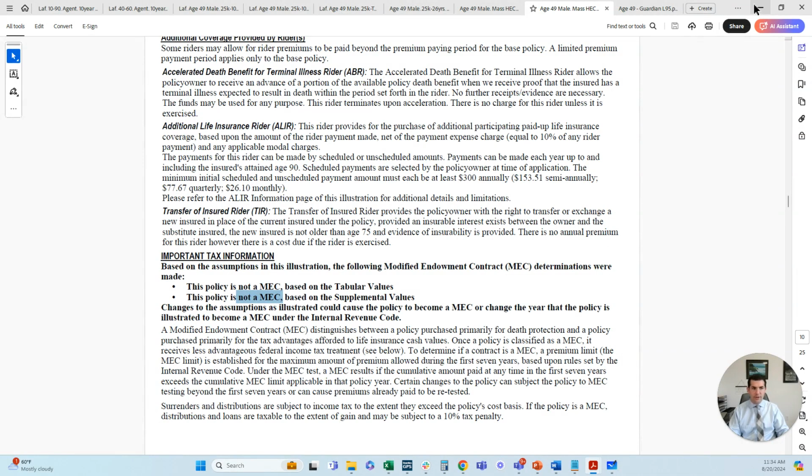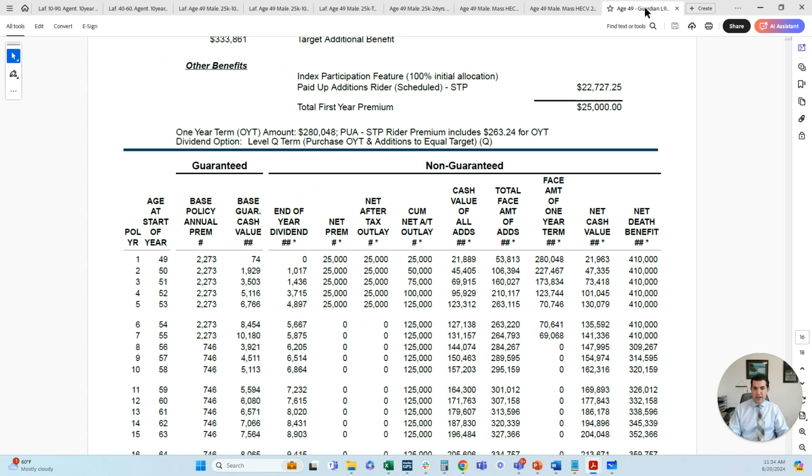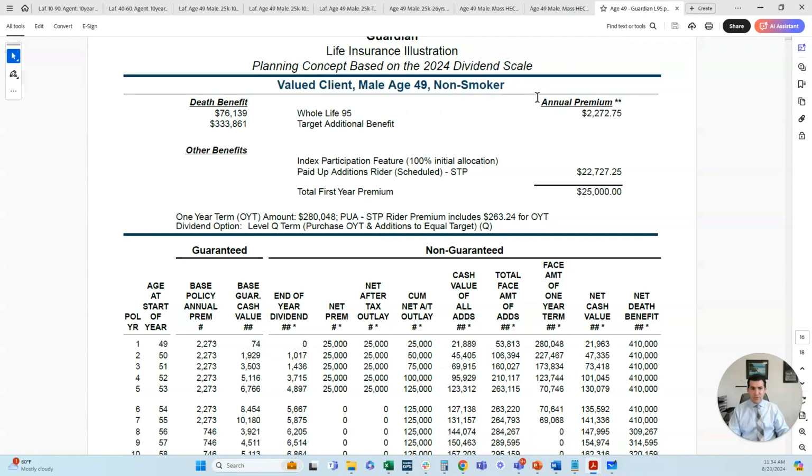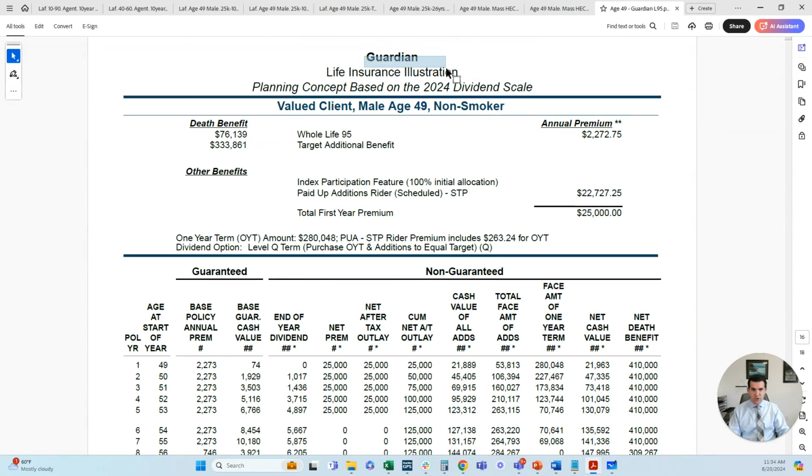Okay, good. Last illustration I want to look at. Different company, if someone's interested in funding for a short period of time. There's the base premium. There's the cost of the term rider. And we're plowing everything else into PUAs.